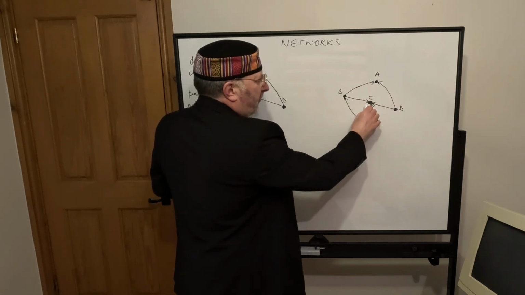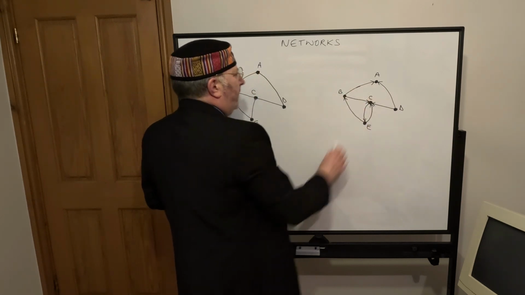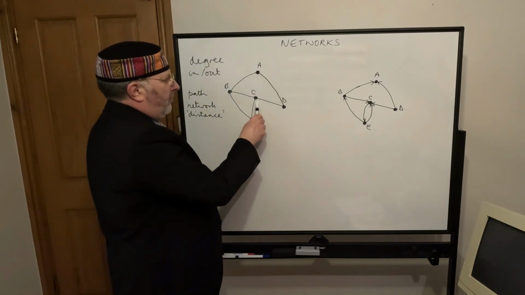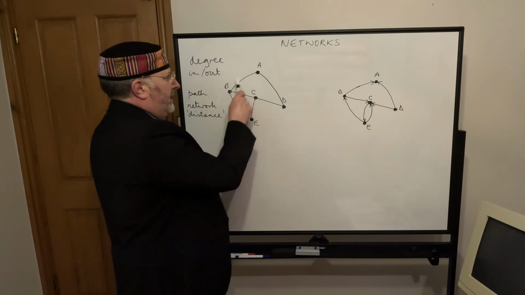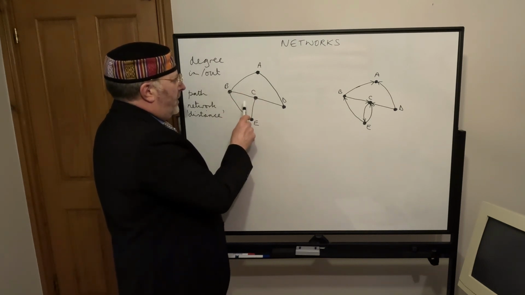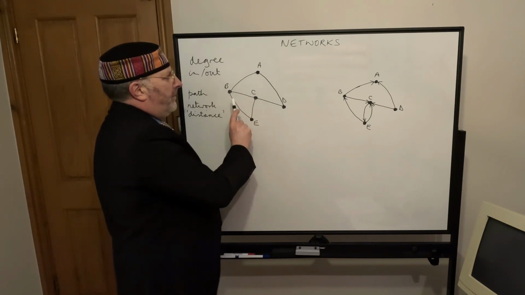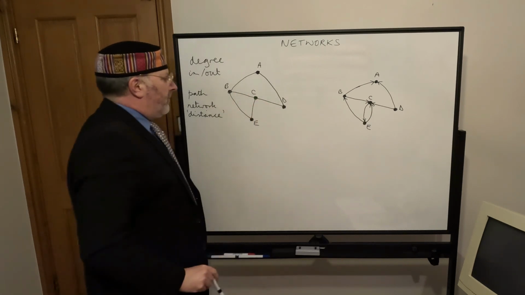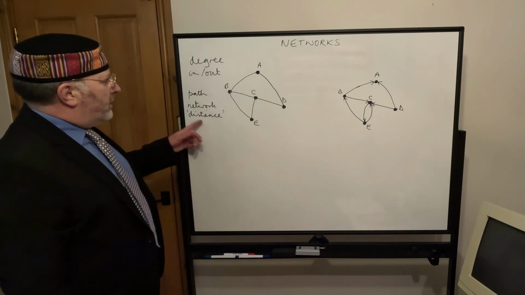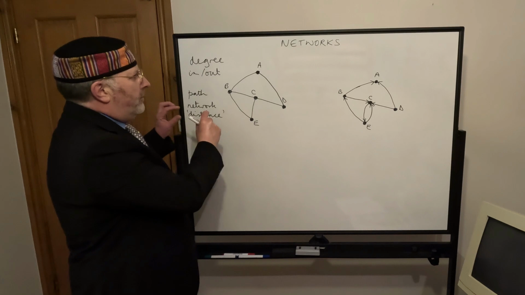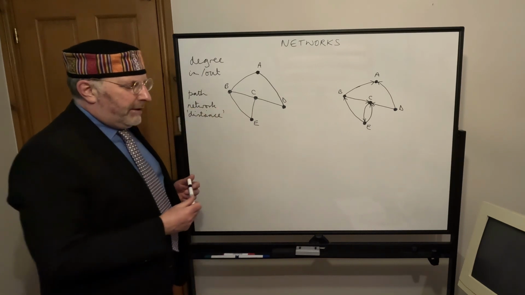That is the shortest way to get from C to A. Whereas in this case, you could make it in 3 steps, C to E to B to A, but the shortest path is just 2, C to B and B to A, or as we also said, you could go via D. So the network distance is the shortest path. The network distance between 2 nodes is the shortest path between them.